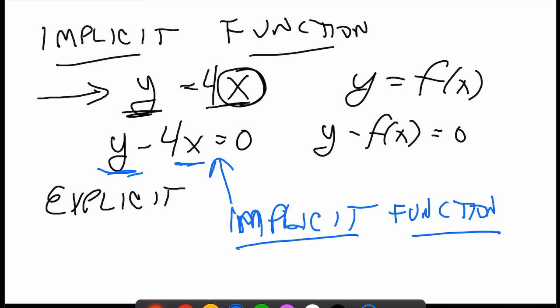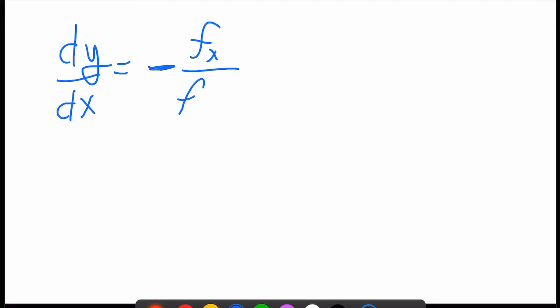Okay, fine. So dy dx, it turns out, is the minus of the partial with respect to x over the partial with respect to y. You're like, really? What the?